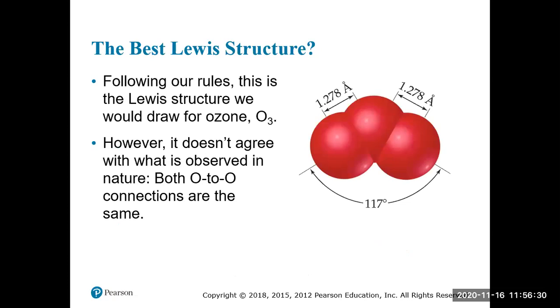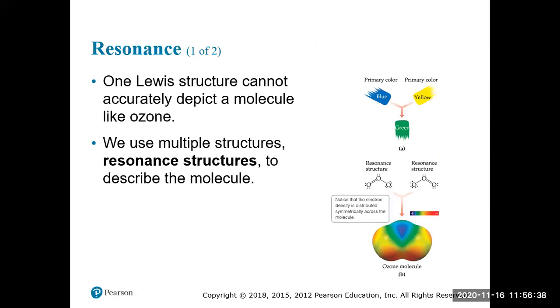So we talked a little bit about rules to figure out what the best Lewis structure is. Let's talk about that a little bit more, because the formal charge rules are nice, but sometimes, based on the limitations we have in how we draw these Lewis structures, it's not really possible to draw a Lewis structure that totally explains everything. Here we're talking about ozone, O3, and we have 2 structures.